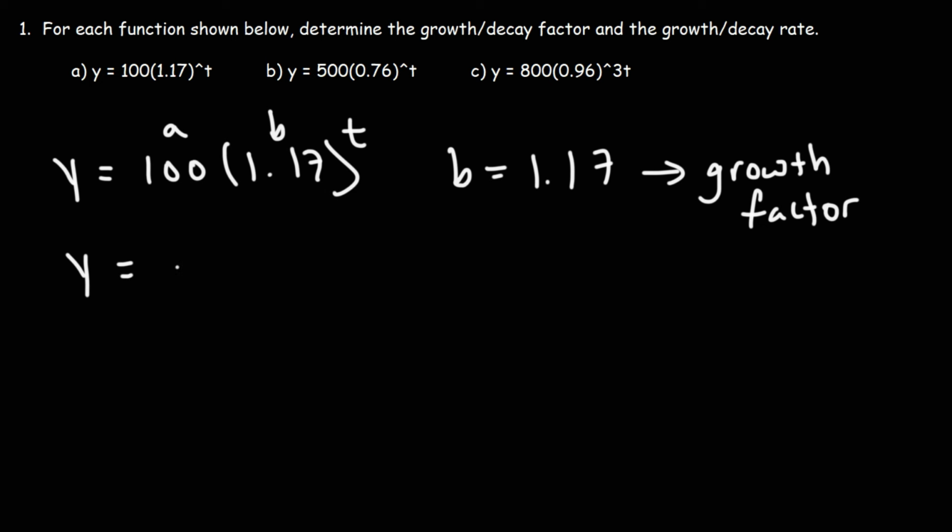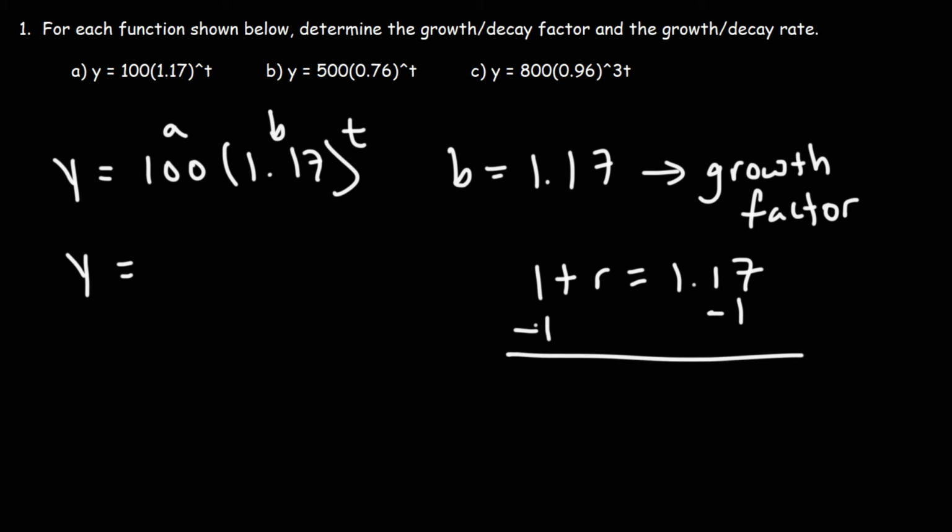Now, replacing b with 1 plus r. If we set 1 plus r equal to b and subtract 1 from both sides, we get the value of r. r is going to be 0.17.